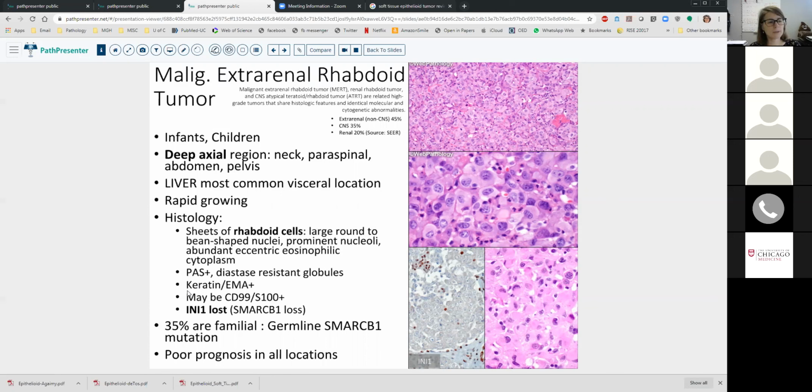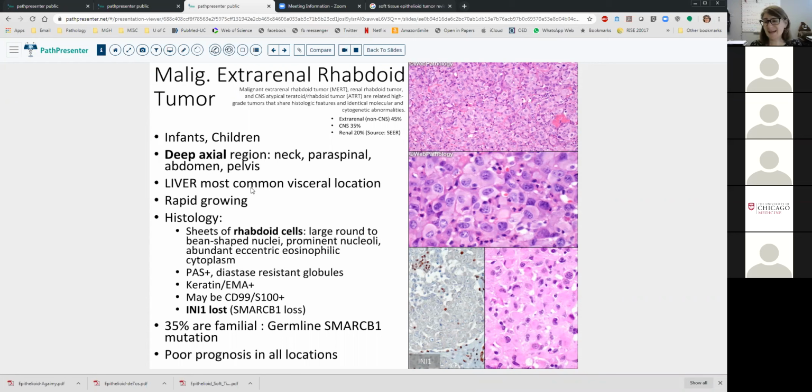Well, malignant extrarenal rhabdoid tumor tends to be in the deep paraspinal region of young kids. Epithelioid sarcomas tend to be in the distal extremities or peripheral, like trunk subcutis, not the deep paraspinal region. So maybe there's a locational difference, but really morphologically and immunohistochemically, they're essentially the same.